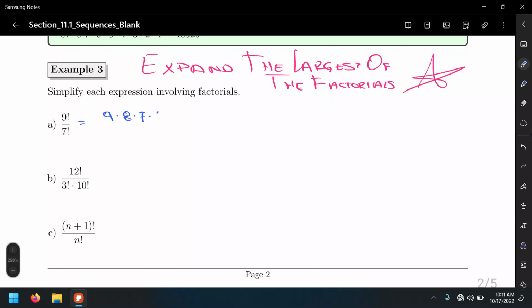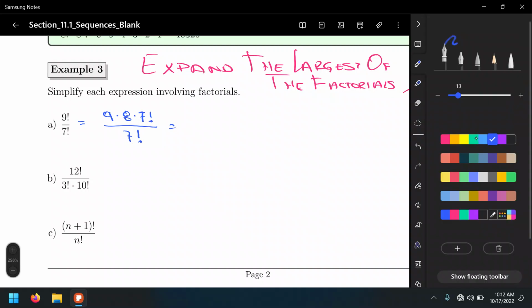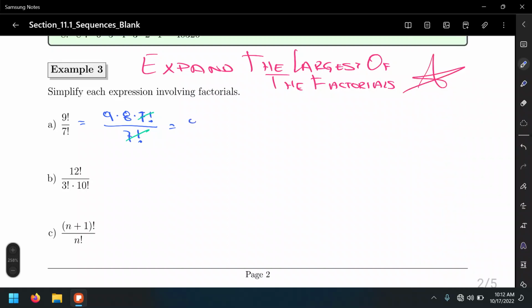Instead of going times 6 times 5 and so on, we're going to stop at the number that matches in the denominator. Notice how 7 factorial cancels out the 7 factorial, and we're essentially left with 9 times 8, which is 72.